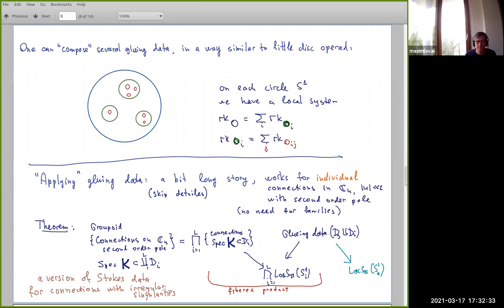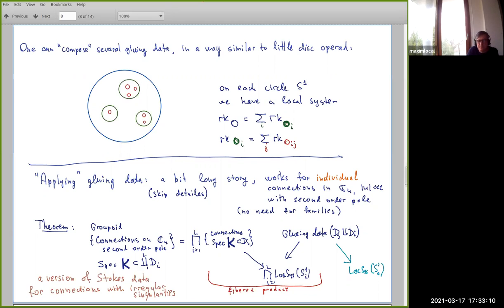Suppose I have a big disk with a blue boundary. It contains a collection of green disks, and each of them contains some red disks. If I have gluing data for the blue disk and the collection of green disks, then I get a local system of some big rank on the outer disk, which will be equal to the sum of the ranks of the local systems on the smaller disks.